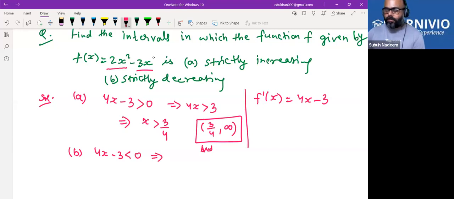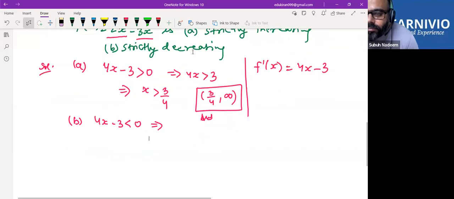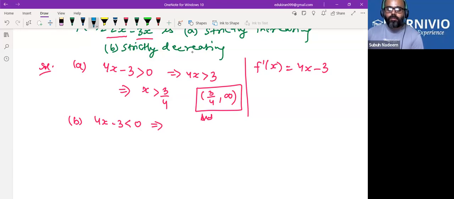What it would mean? x would be less than 3 by 4, isn't it?